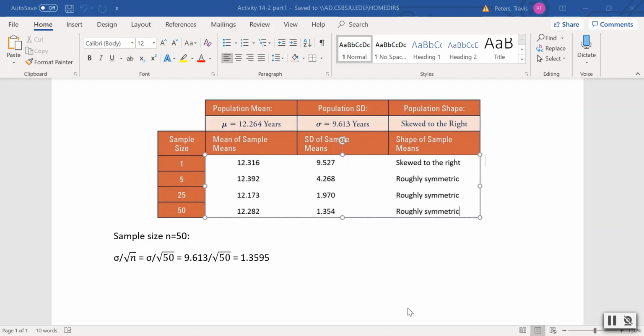We can confirm that this value that the central limit theorem predicts for the standard deviation, 1.3595, is reasonably close to what we saw in our simulation. When we had a sample size of 50, the standard deviation of sample means was 1.354.